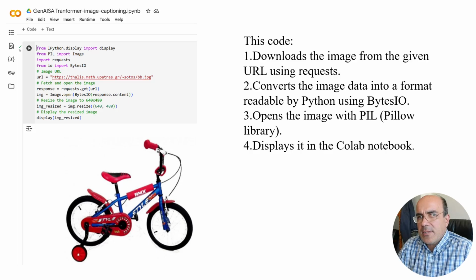The script retrieves the image from the URL using requests.get, then opens it with Image.open after converting the raw content into a readable format. The image is resized to 640 by 480 using the resize method and is finally displayed using the display function.